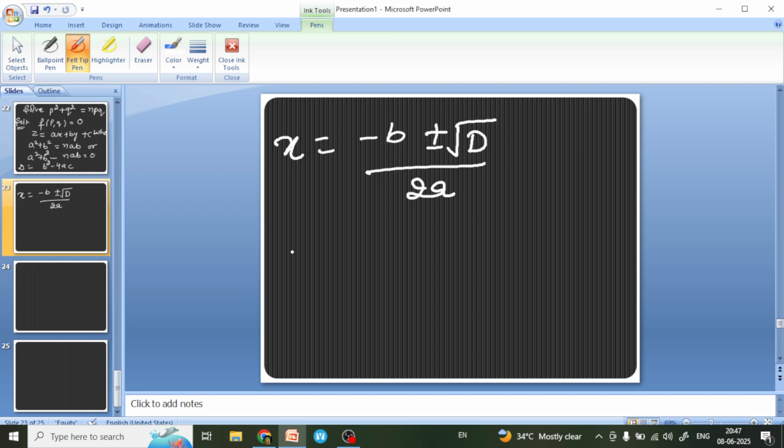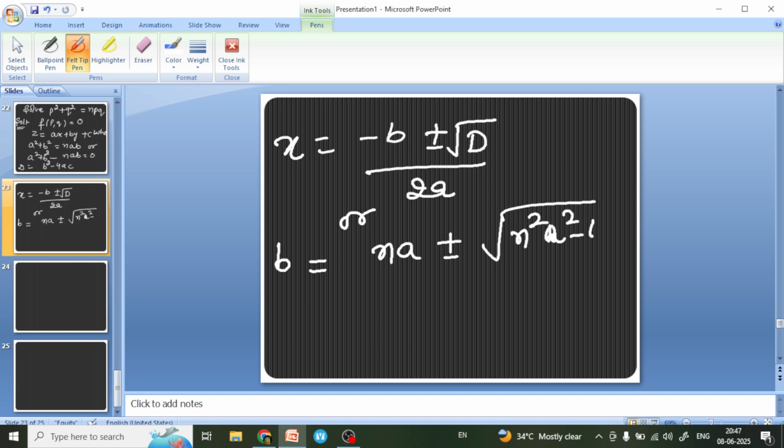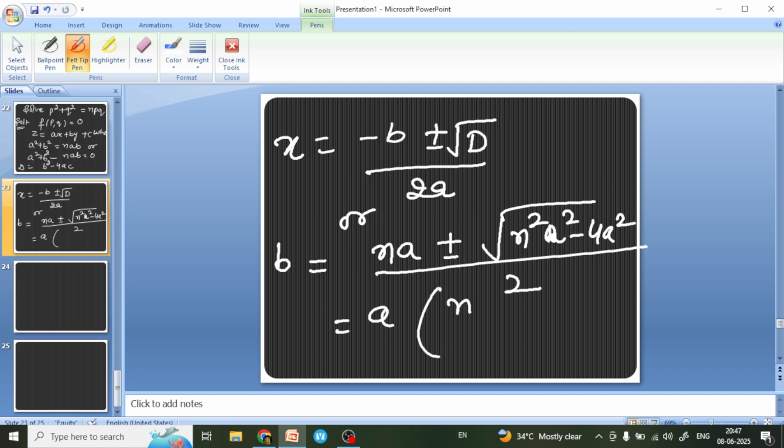You have to implement this, but here we will write it like this: b is equal to na plus minus square root of n square a square minus 4a square over 2, and a is common in the bracket: a over 2 times n plus minus square root of n square minus 4.